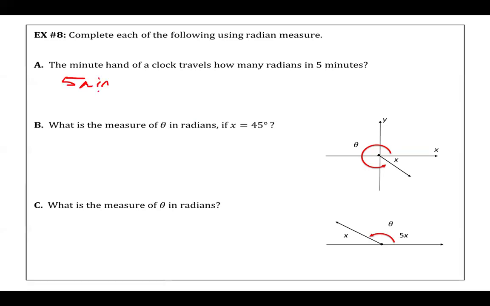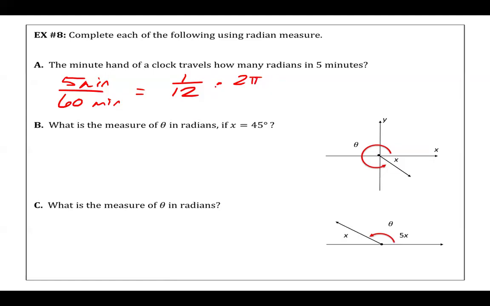So I've traveled 5 minutes out of 60 minutes. What does that reduce to? 1/12, right? So now I've traveled 1/12 of a full 60. Well, a full 60, remember we said that's 2 pi, right? So therefore, this is 1/12 of, mathematically means we are multiplying, 1/12 of 2 pi.